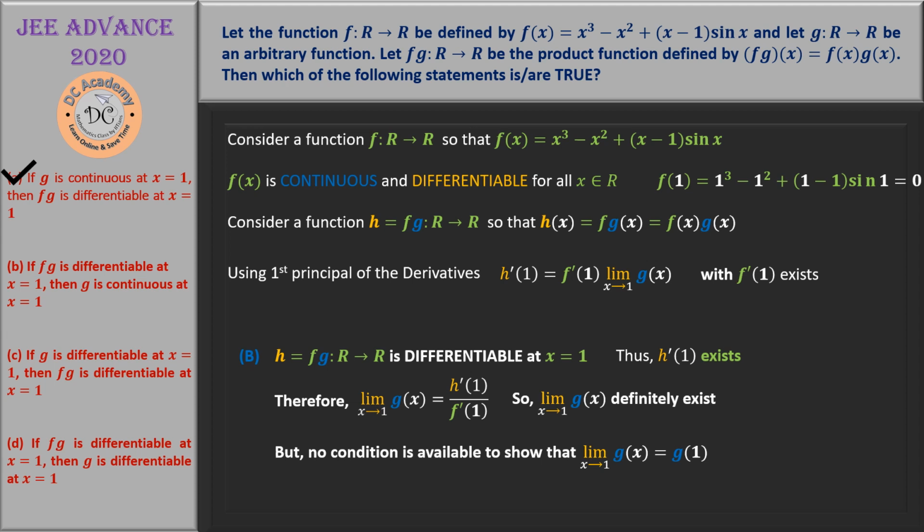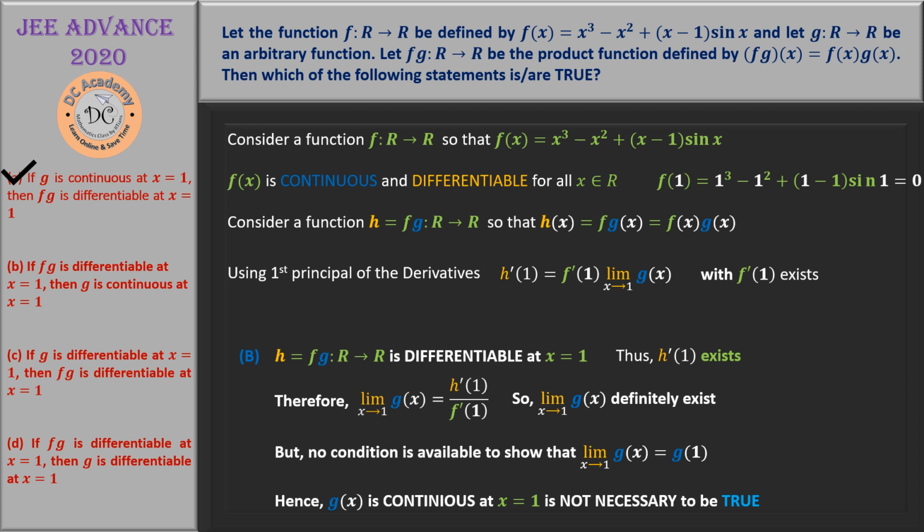It may not be continuous, as that information is not available. It is not true for all cases, though in one or two cases it is possible. So if fg is differentiable, then g is continuous may not be true. That's why option B is not necessarily correct, and we don't select option B as a correct option.